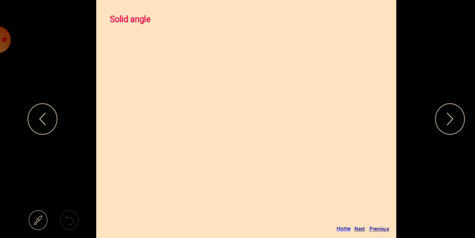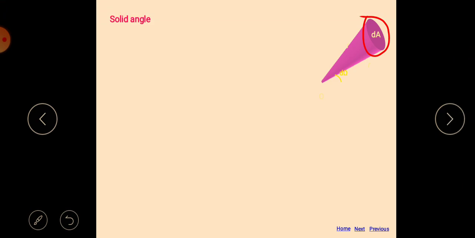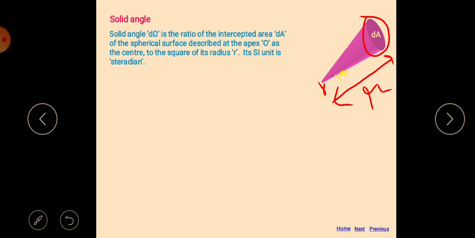Now probably the last topic, solid angle. Now suppose the area dA is there. This area dA subtends an angle at this point. Then the distance of the area from the point is, suppose, r. The solid angle d omega is defined as the ratio of the intercepted area dA of the spherical surface described at the apex O, this is the apex, the pointed point, as the center, to the square of its radius, and its SI unit is steradian.